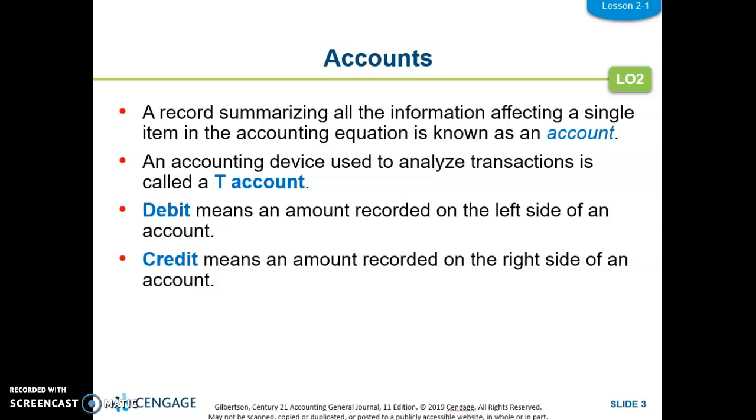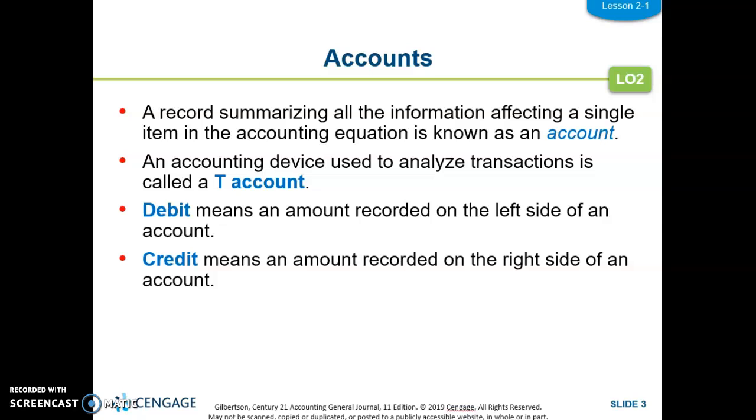There are special names for amounts recorded on the left and right side of an account. An amount recorded on the left side of an account is called a debit, and the right side of the T account is going to be a credit. Now, the words debit and credit come from the Latin and Italian words debere and credere.